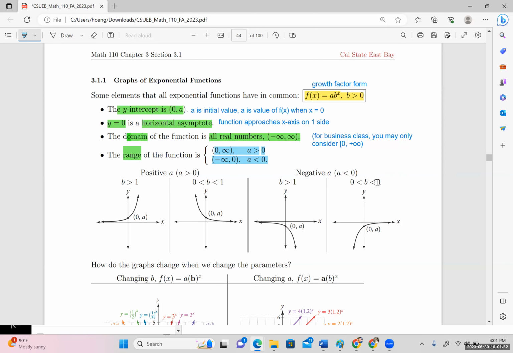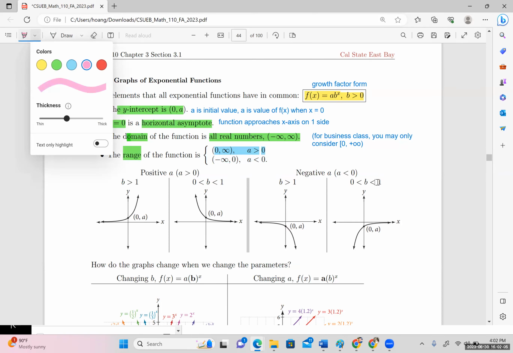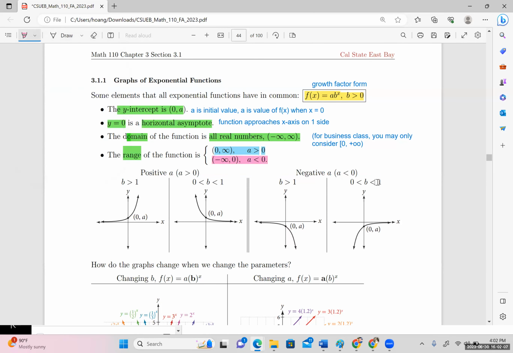Okay, so let's take a look at the graph for this case. Maybe I want to use another color. Let me see, one second.